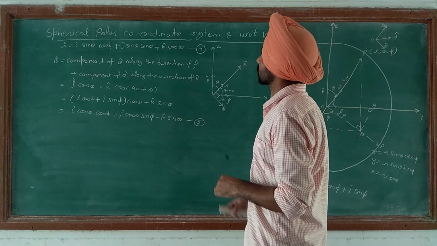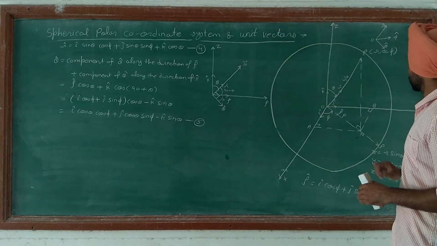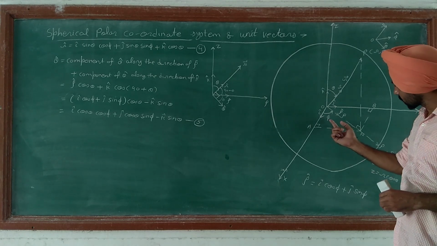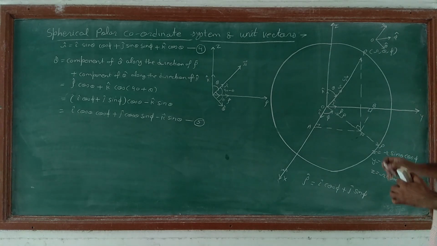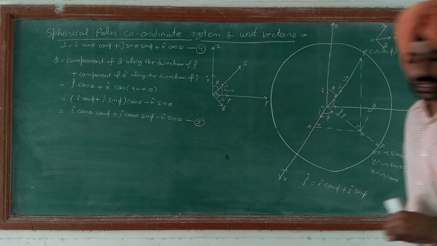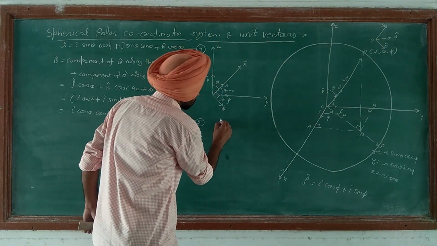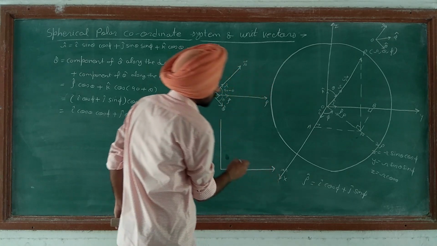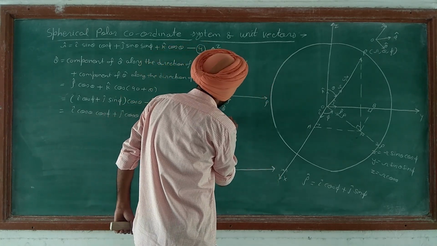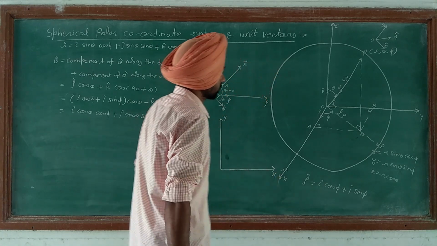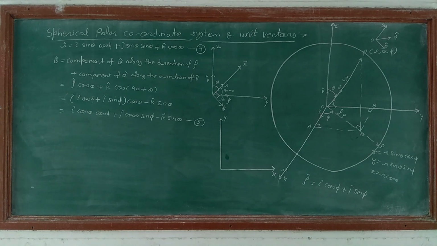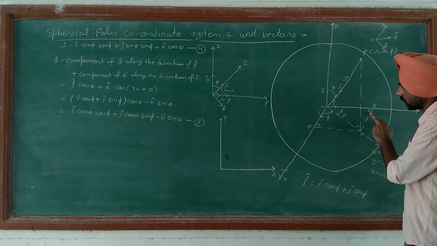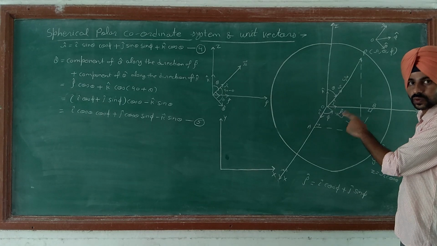Now we have to find the unit vector phi cap. Phi cap is in the increasing direction of angle phi and it is perpendicular to r cap and theta cap. So we redraw this portion of the diagram. This is the y-axis, this is the x-axis. This phi cap lies in the xy plane but perpendicular to rho cap.